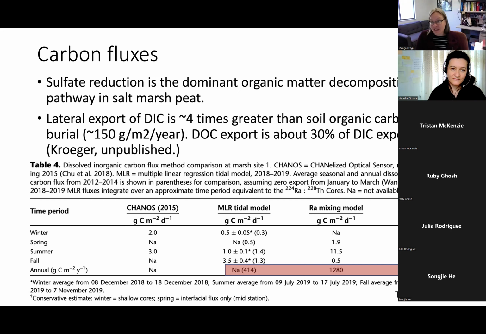We haven't done any analysis of the DOM at all, just to show why it is all so young, and there's that kind of age-old argument, right? Is the preservation of this organic pool because of the environment, or because of the characteristics of the DOM or the DOC, or whatever you want to think about it?